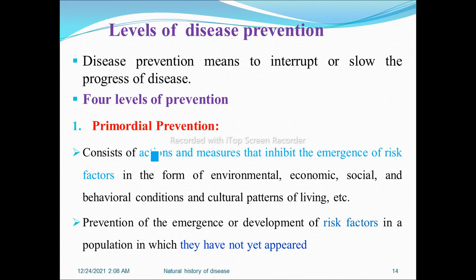Primordial prevention consists of actions and measures that inhibit the emergence of risk factors in the form of environmental, economic, social, and behavioral conditions and cultural patterns of living. So in this case, we mainly focus on inhibiting or preventing the emergence of risk factors, in the population in which they have not yet appeared.